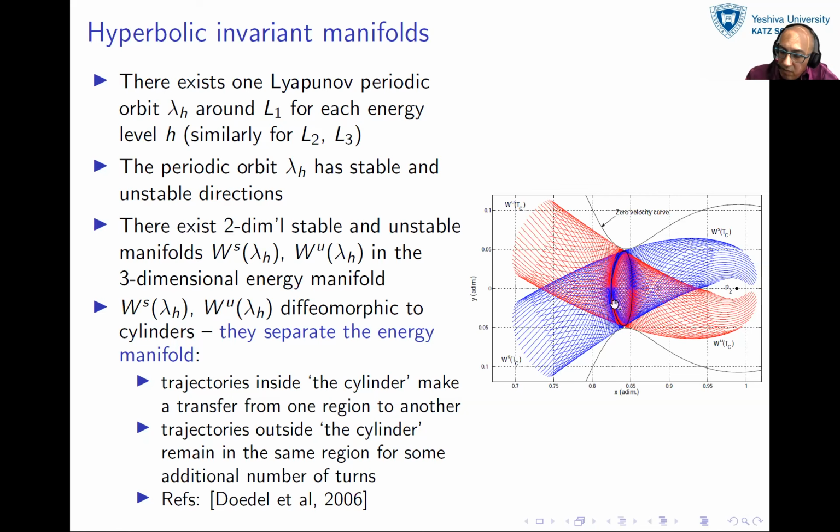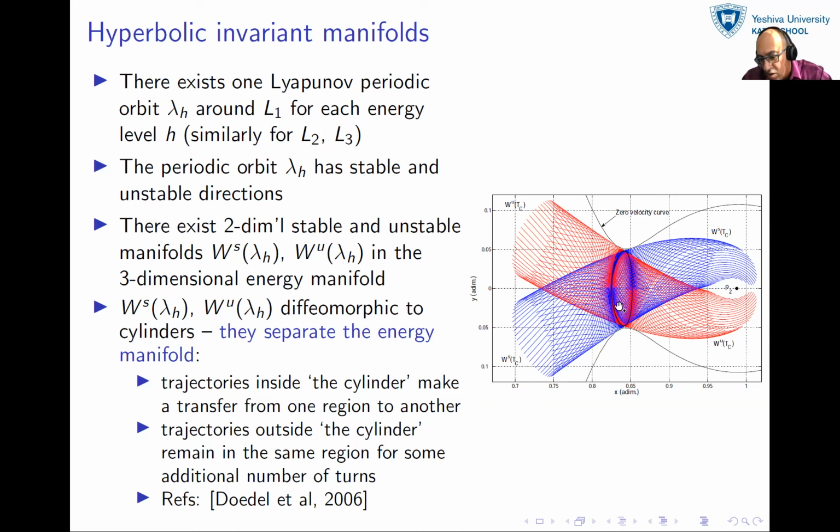And you see that these manifolds also have branches towards the Earth. So you can imagine all sorts of interesting motion. Maybe you're coming from the Earth, which is on the left, on the blue manifold, on the blue cylinder. So you get very close to this Lyapunov orbit.